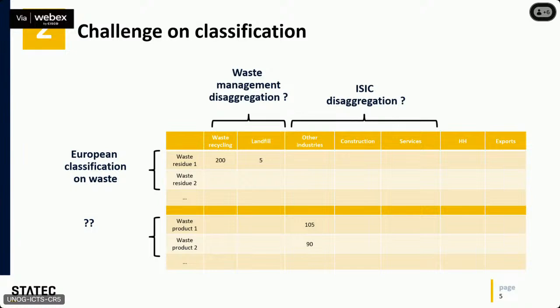Now, from our side, we had decided to highlight the construction sector, as you can see here in the table, because it is a sector that can lead to a significant amount of waste which can be reused or recycled.